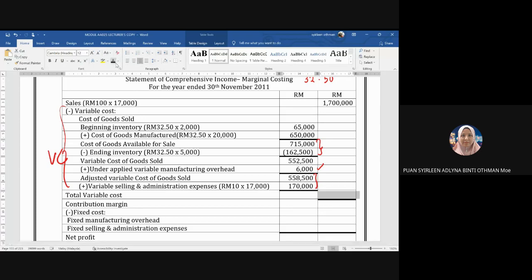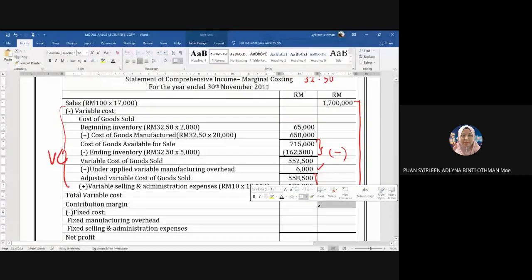So your total variable cost will be RM728,500. Okay, so sales minus variable cost, you will get contribution margin. Okay, so your contribution margin here is RM971,500.